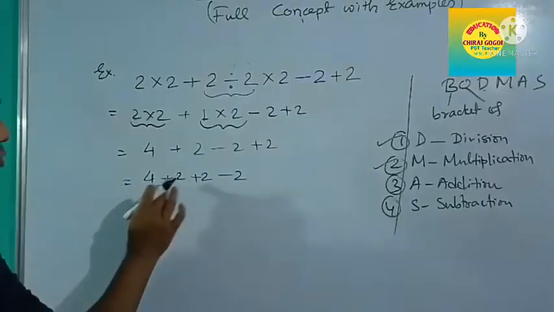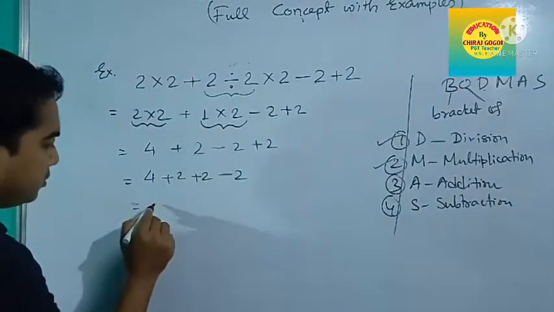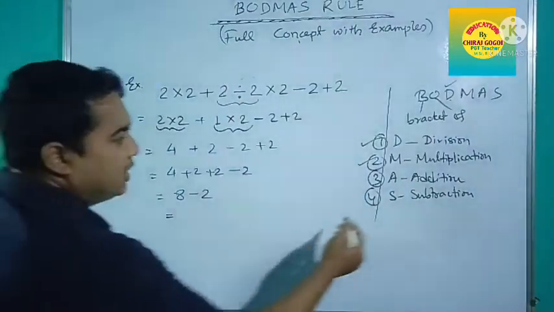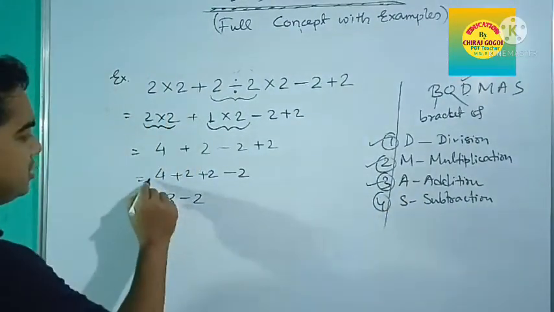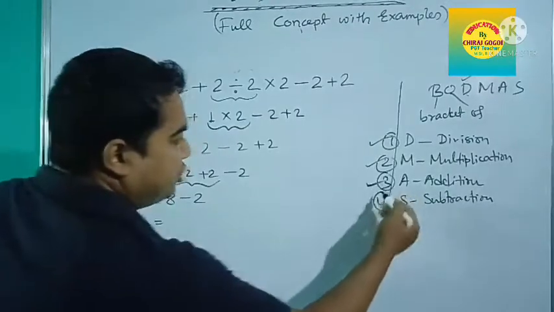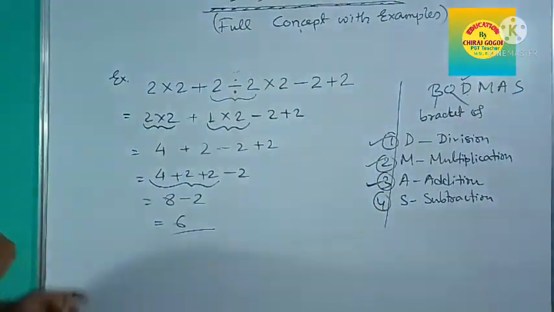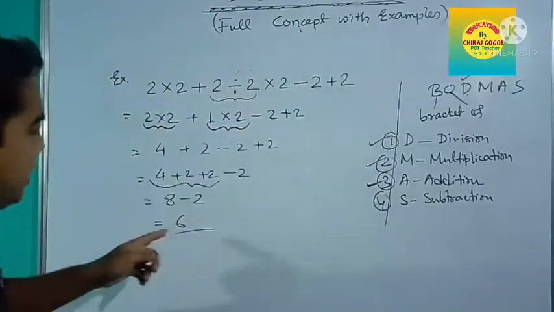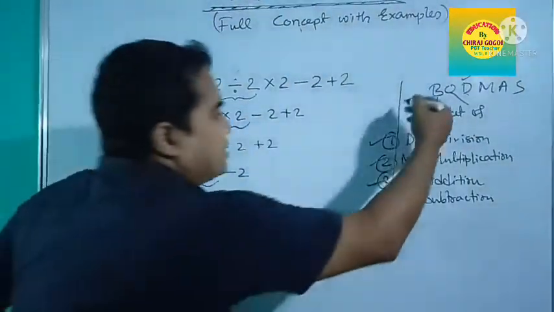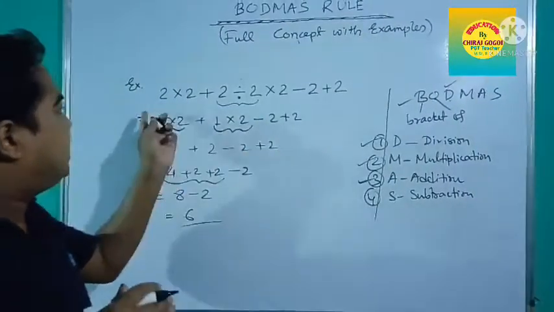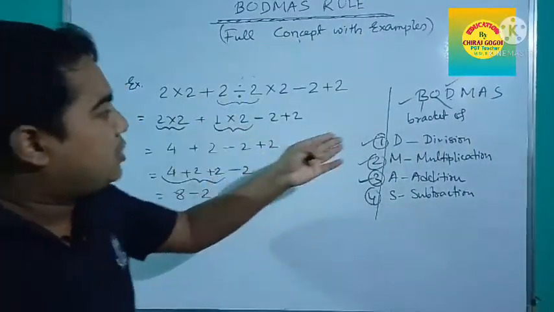Next, 4 plus 2 is 6, 6 plus 2 is 8, minus this 2, so 8 minus 2. Addition is done. Next, subtraction: 8 minus 2 is 6. We got this answer as 6 according to the BODMAS rule. Without a bracket, we can solve like this.